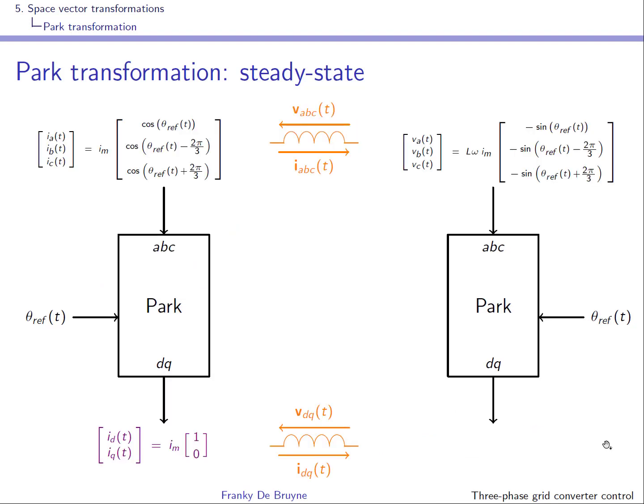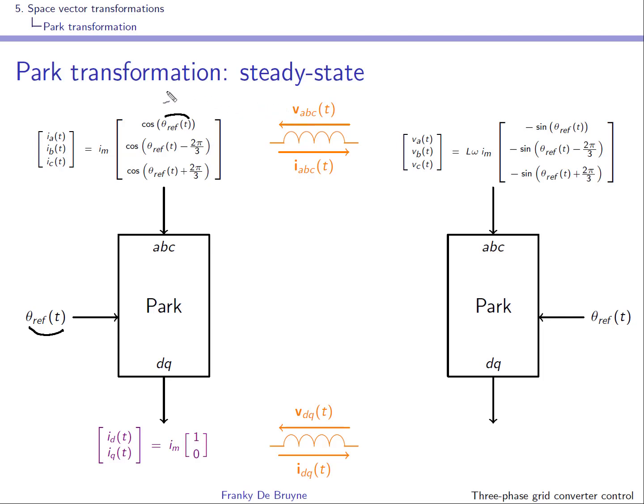So here we'll consider an inductor and the relation between the voltage and the current in steady state after Park transformation. What we see here on the left is that the reference angle for the Park transform is oriented along the reference angle of the current vector.